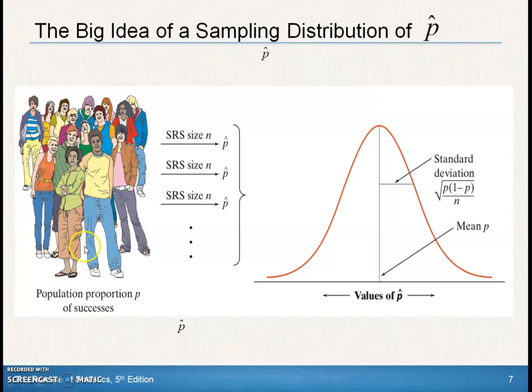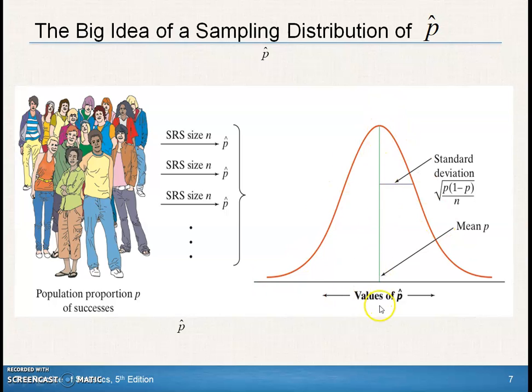So if this is the population, it has some proportion p, whatever that might be, size, height, IQ, whatever. You take simple random samples of size n and get all their p caps. And then you take the average of all those. The values of all those form this normal distribution.